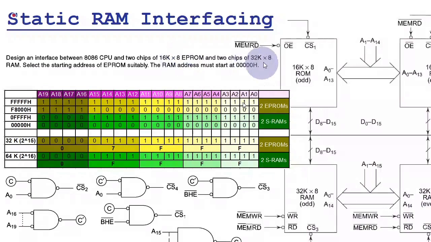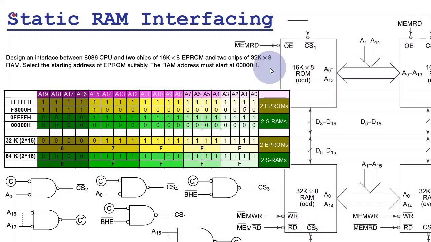But 8086 is a 16-bit computer, and if you want to write the complete 16 bits, or 2 bytes, in one machine cycle, then you have to organize your externally interfaced memory into two banks. One is odd bank and another is even bank.